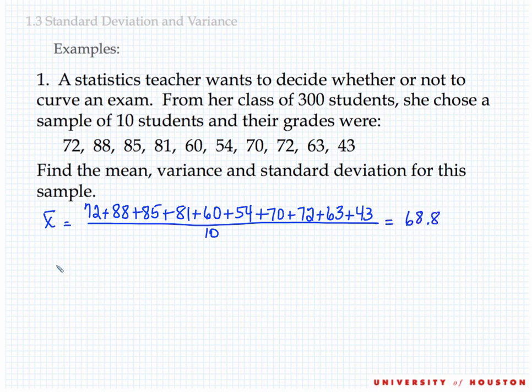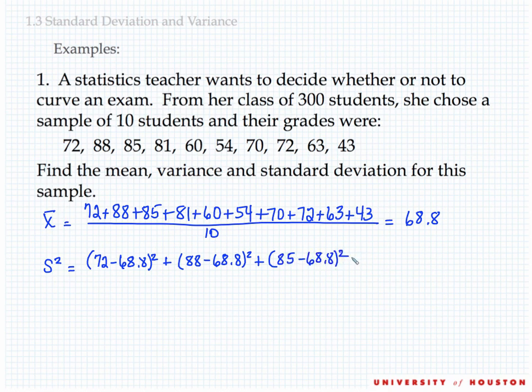68.8. Now the variance for this sample would be the sum of the differences of each sample data with the sample mean squared, and then we'll divide by n minus 1. And we'd repeat this for each data value, ending with 43 minus 68.8 squared.